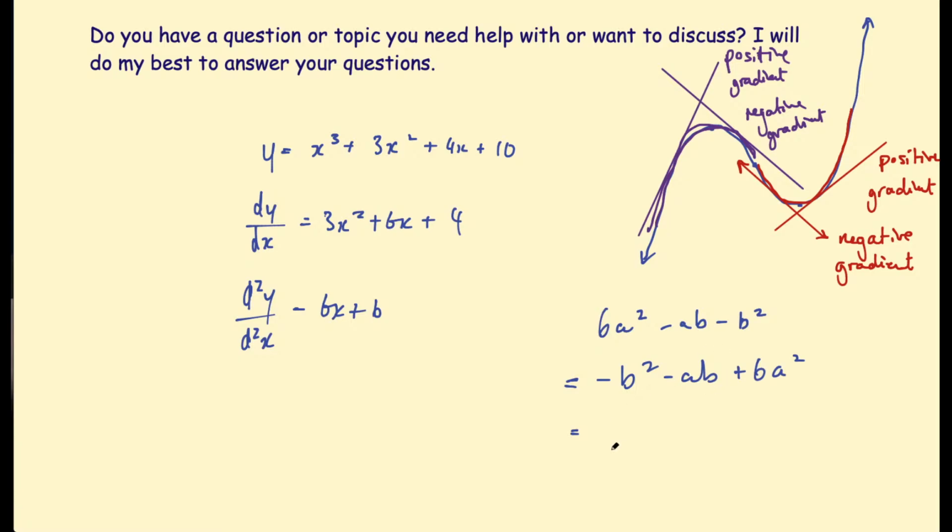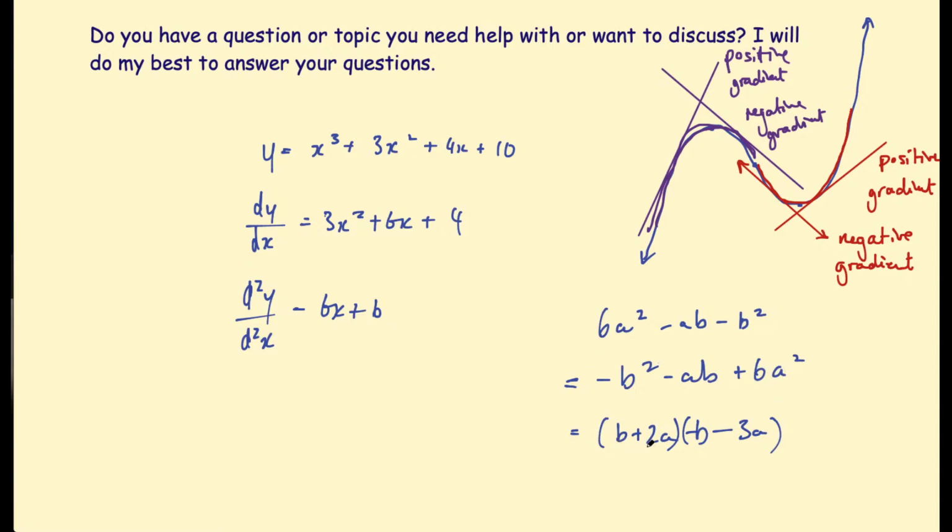But then you see that you have a b and a -b and a 2a and an a, 3a, and we need the -3a and the +2, and you get negative b squared take ab plus 6a squared.